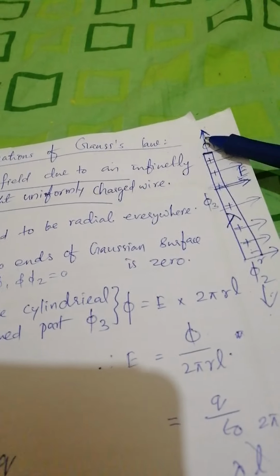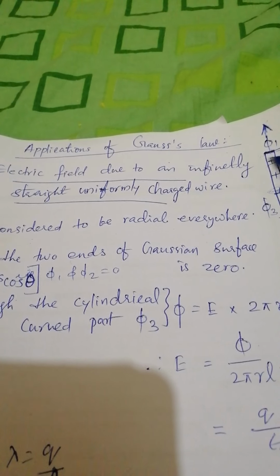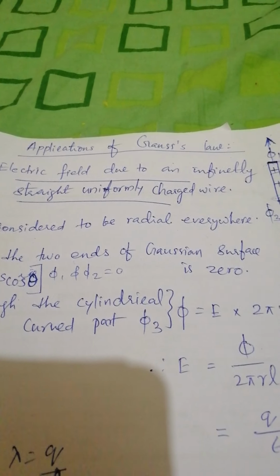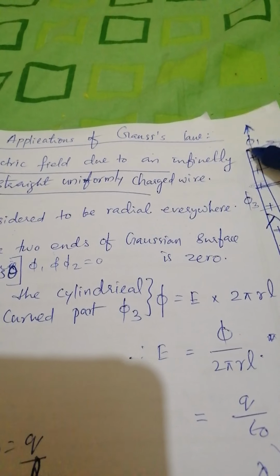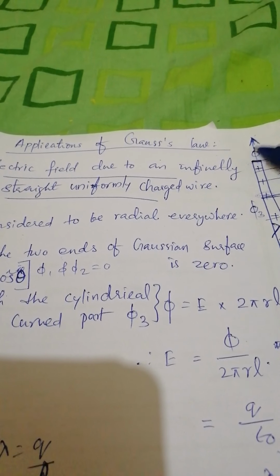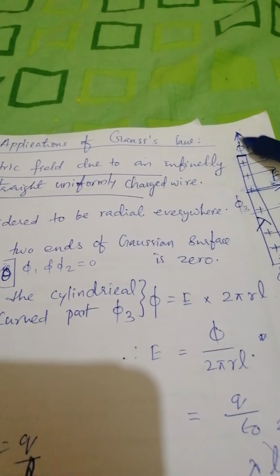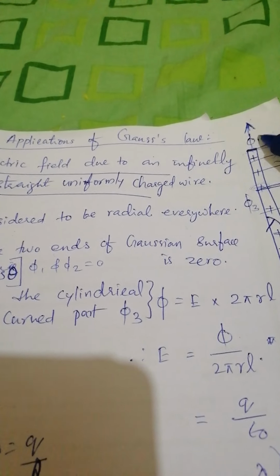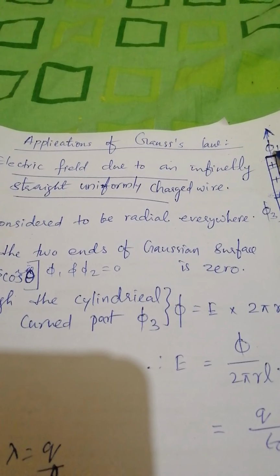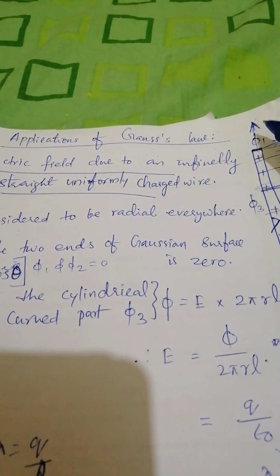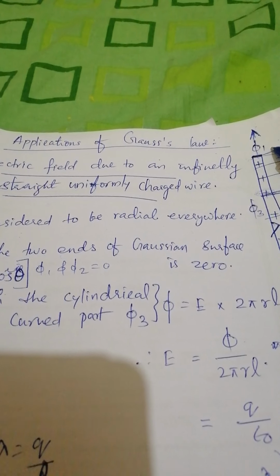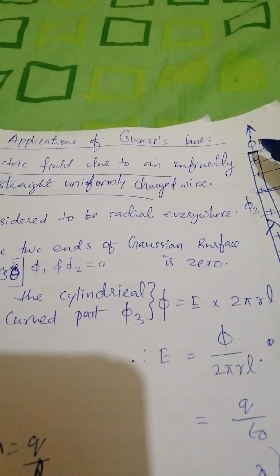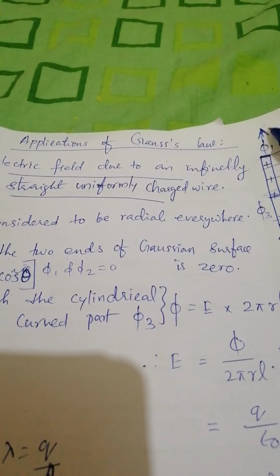If we consider phi 1, the electric field is radial, while the area is in this direction, so the angle will be 90 degrees. So phi, that is E into area into cos theta, and cos 90 is 0. So the electric flux phi will be 0 here on the top.